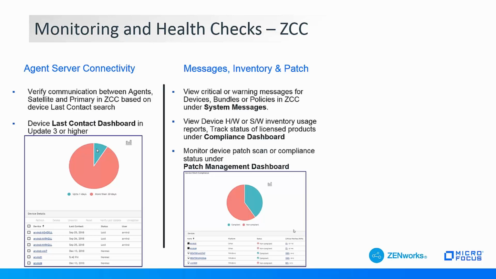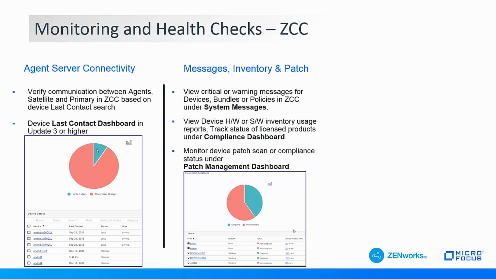Also, with respect to inventory, device hardware and software inventory usage reports can track the status of licensed products in the zone, if they're meeting any kind of compliance with respect to the products that are configured in the inventory asset management.